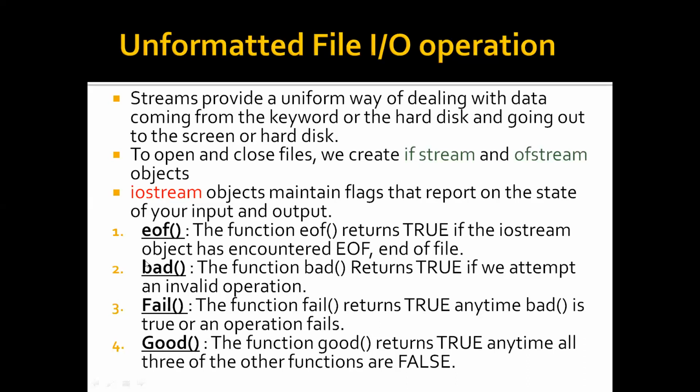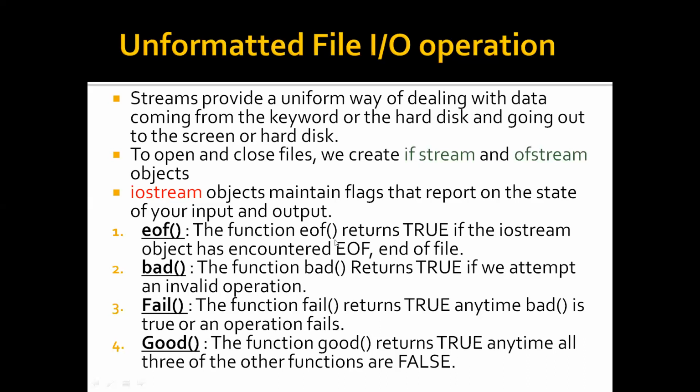Let us see in detail what is EOF. EOF is nothing but end of file. The function eof returns true if the IO stream object has encountered the end of the file.